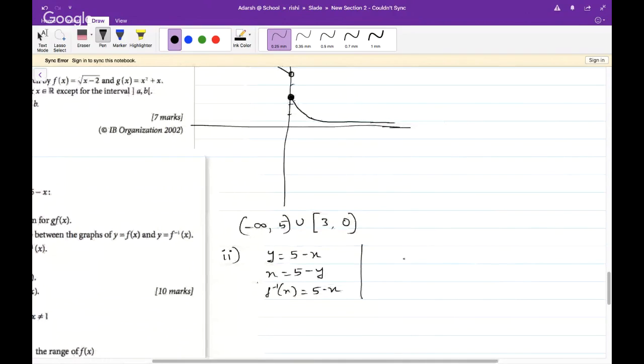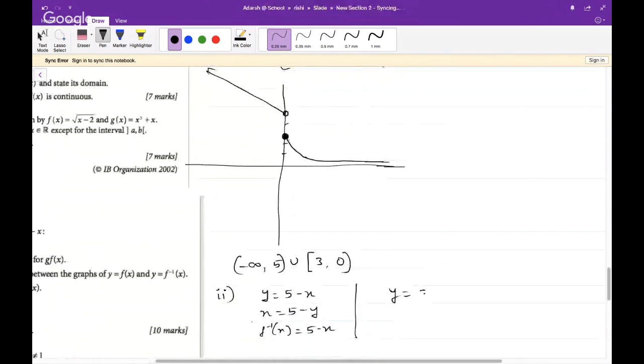Now for the second part, y is equal to 3 e to the power negative x. So x is equal to 3 e to the power negative y. Make y the subject.